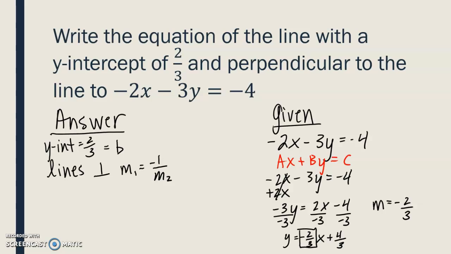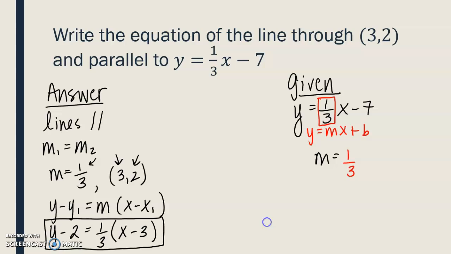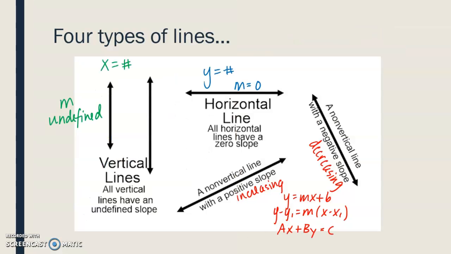If my given slope is -2/3, the slope of the line for my answer has to be the opposite reciprocal. The opposite of a negative number is a positive number, and the reciprocal of 2/3, I flip the fraction to make it 3/2. Let me go back to my three equations of a line.